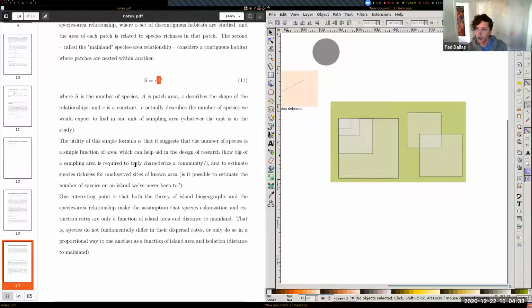I go over in the notes the utility of this. You can estimate the species richness for a completely unobserved or unknown area. It can help in guiding sampling decisions when you're trying to estimate the number of species in a given area.